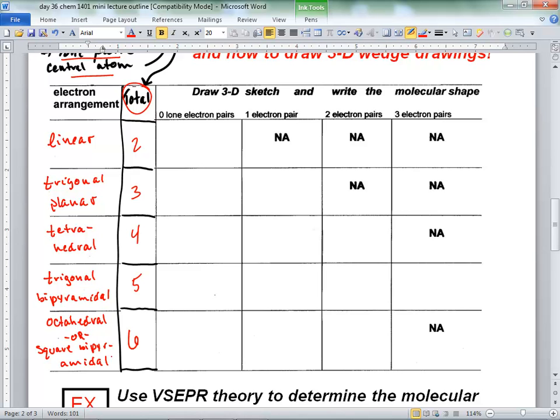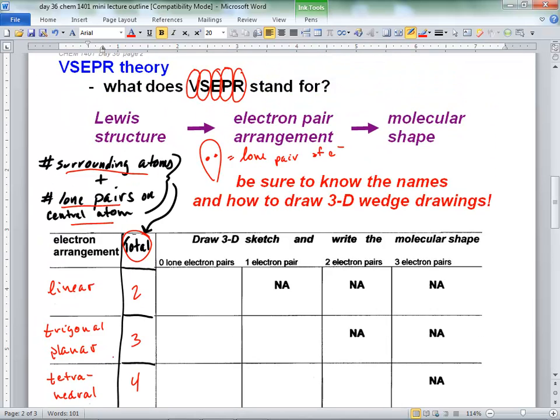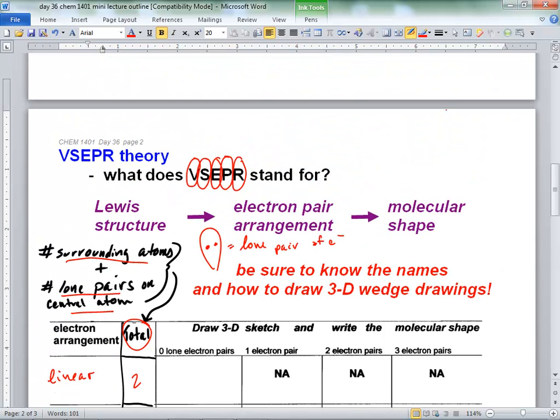Okay, so how do we draw these three-dimensionally? What they want us to recognize is there's 3 directions, just like X, Y, Z. They're going to call this direction the plane of the paper, or in the paper. So if you draw 3 directions of bonds, you're going to have one atom on each end.